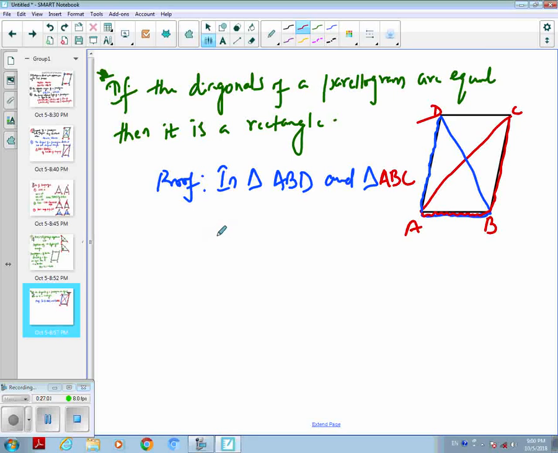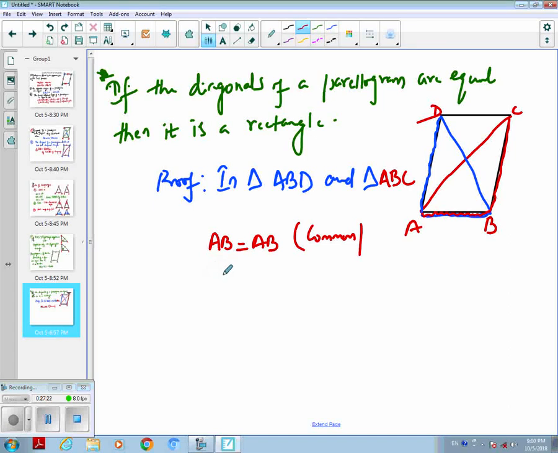Now, in both these triangles, side AB is common, so AB is equal to AB, it is common. It is coming in both these triangles, ABD and ABC.